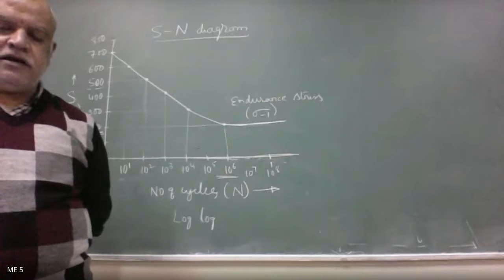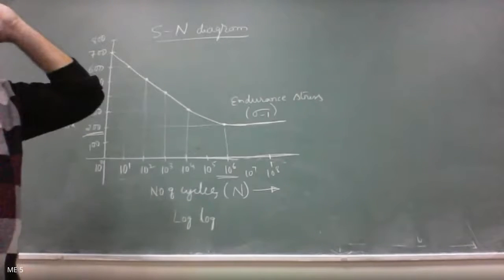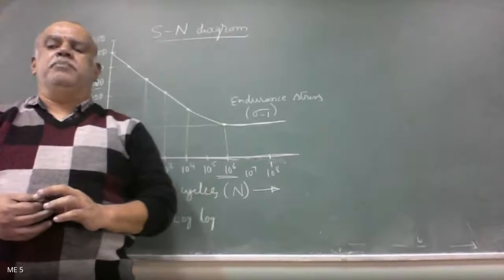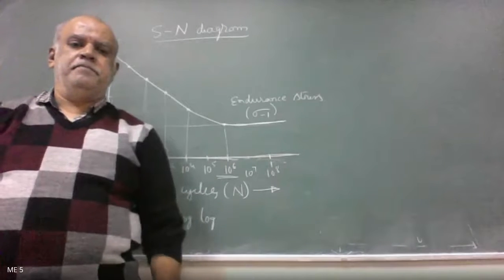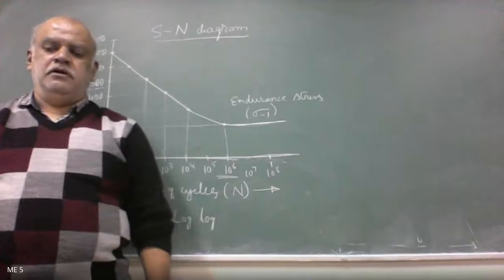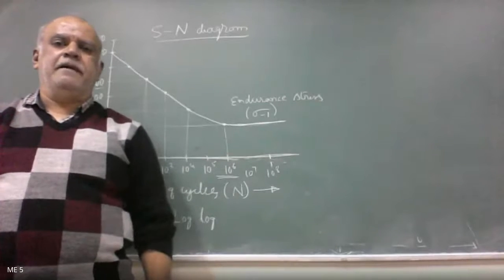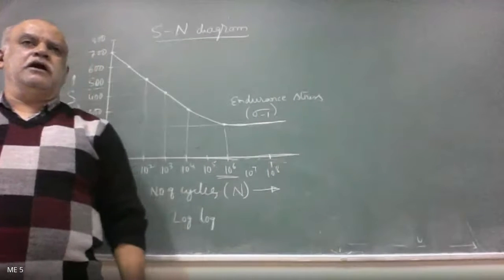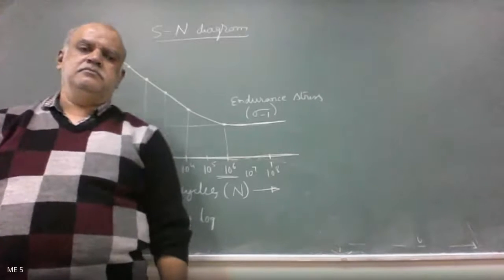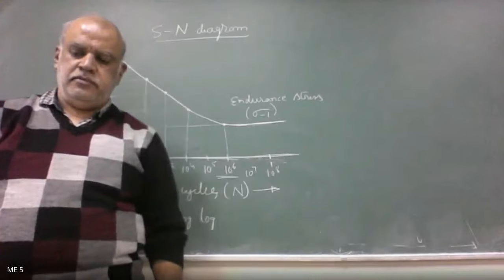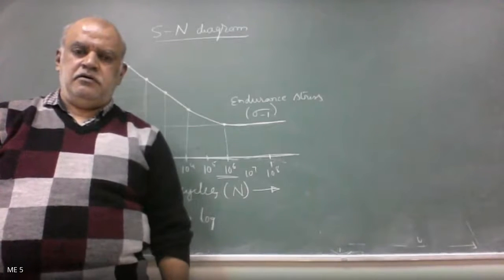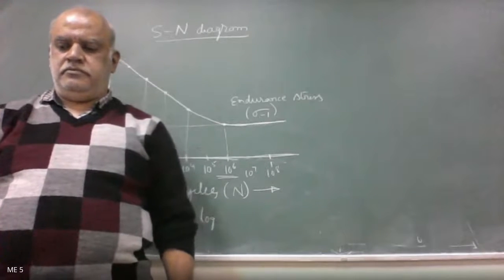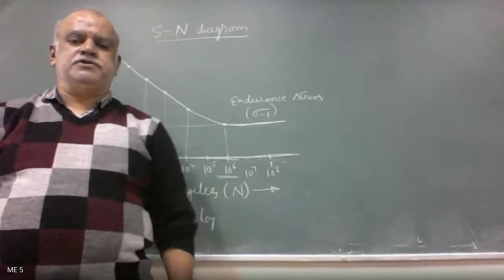Any point on the SN curve represents the maximum number of cycles that a member can withstand without failure at a given stress.